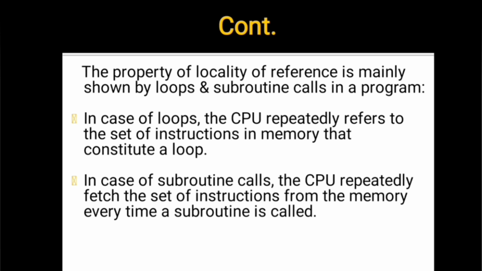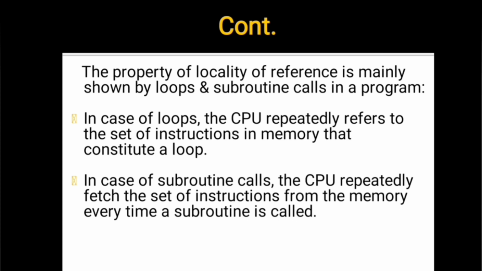The property of locality of reference is mainly shown in loops and subroutine calls. In case of loops, as we know, a loop is a set of statements which are repeatedly executed, so the CPU repeatedly refers to the set of instructions in memory that constitute the loop.